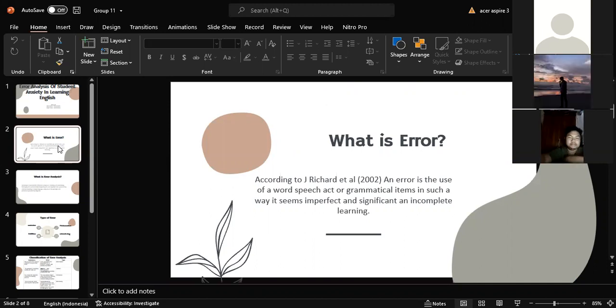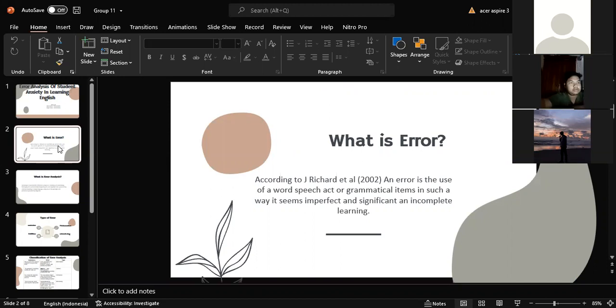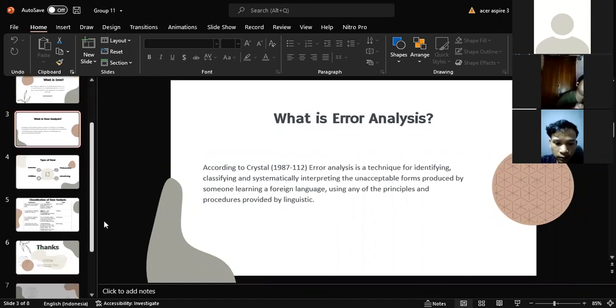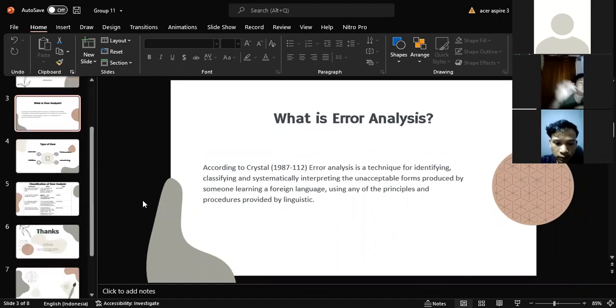The first material is what is error? According to G. Richard et al., an error is the use of a word, speech act, or grammatical item in such a way that it seems imperfect and significant of incomplete learning. Next, the second material is what is error analysis.